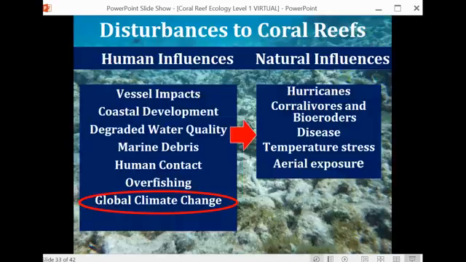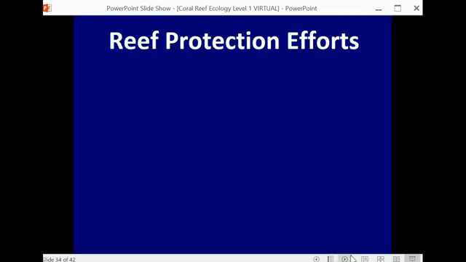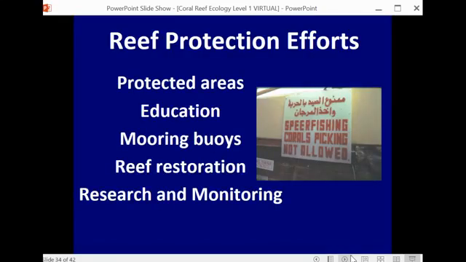Okay, so this list is really scary and long, but I don't like to dwell on it too much because there's all kinds of really good things that are going on. I'm going to focus on some of the things going on here in the Florida Keys, but there's all sorts of reef protection efforts going on worldwide, really. And again, this list is not all-inclusive.